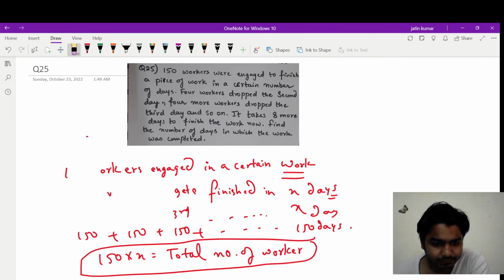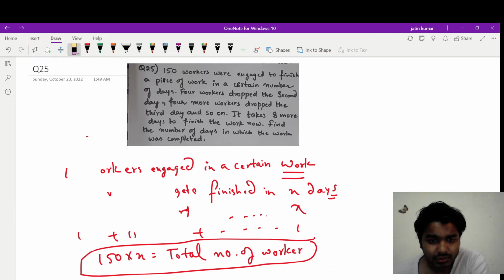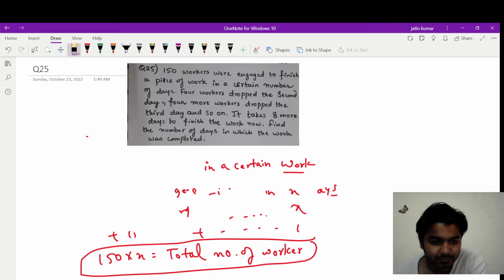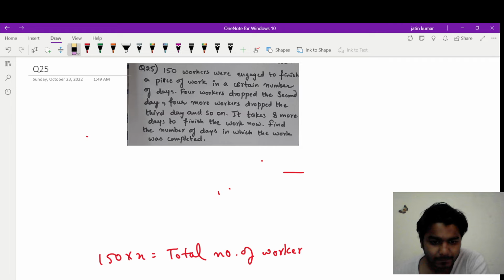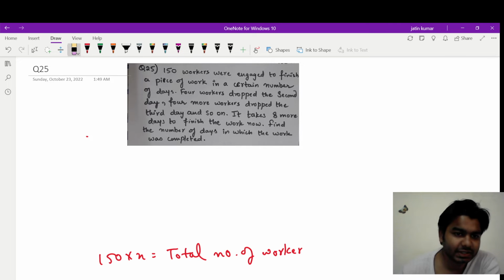Now the question says in the second case 4 workers are being dropped each day.